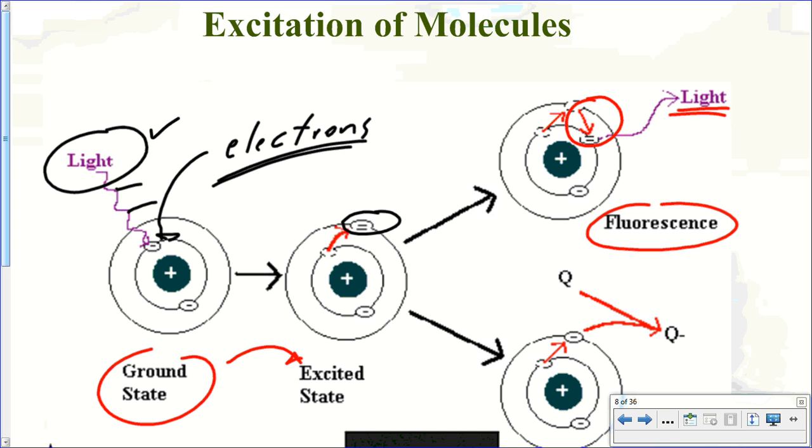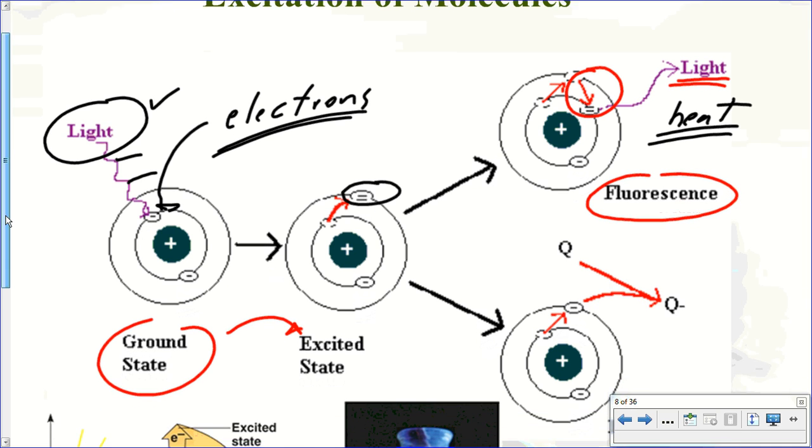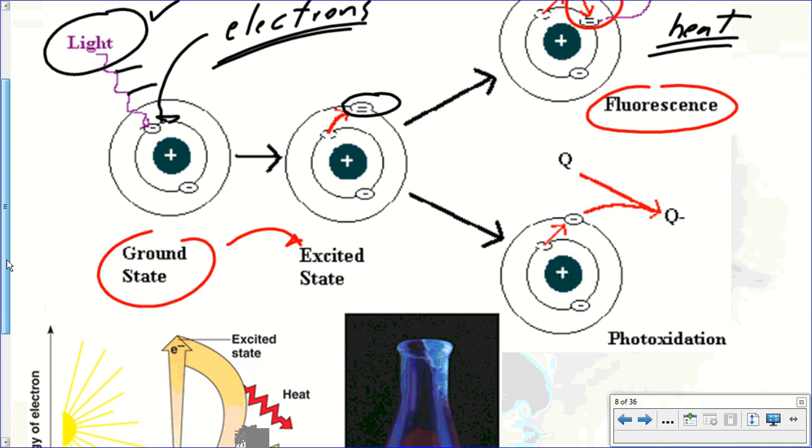In this case, you might notice that the wavelength is longer of the light that's being released than the light that was originally coming in. And that's because with any energy transformation, some energy is always going to be also lost in the form of heat. So the wavelength of the light that's going to be released through fluorescence will be of slightly lower energy and of longer wavelength than the light that came in the first place.